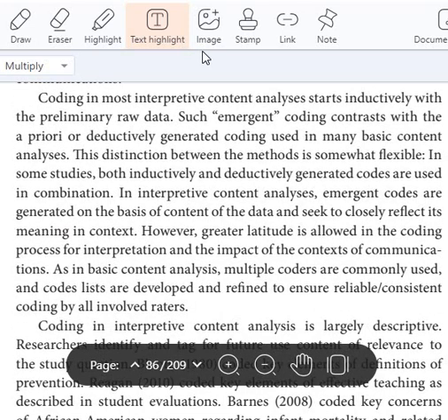Okay, coding in interpretive content analysis, in most of these analyses actually, starts how? Inductively. It starts inductively with the preliminary raw data. So it starts inductively. You depend on the raw data. Such emergent coding contrasts with the a priori or deductively generated coding used in many basic content analyses.